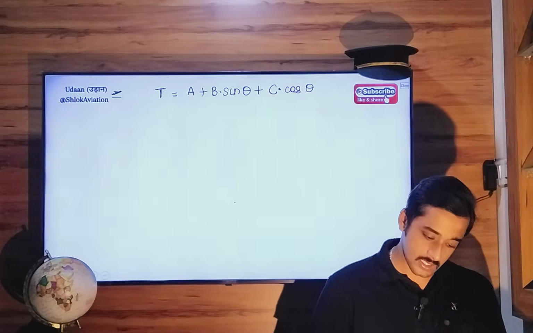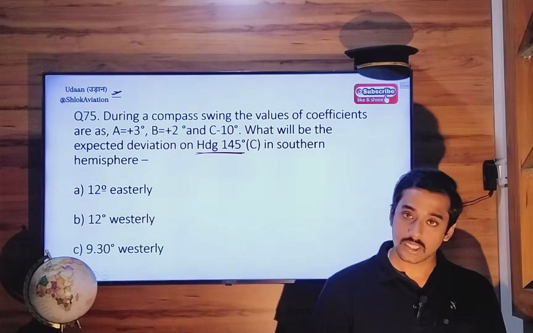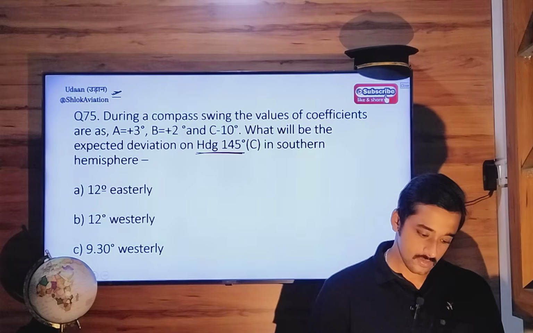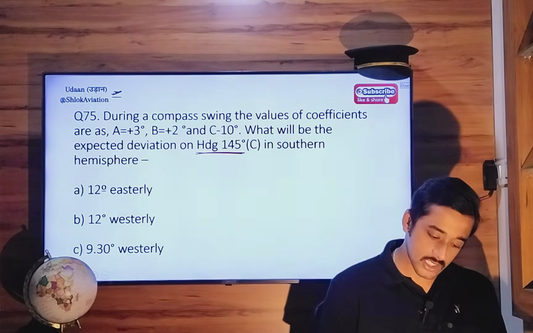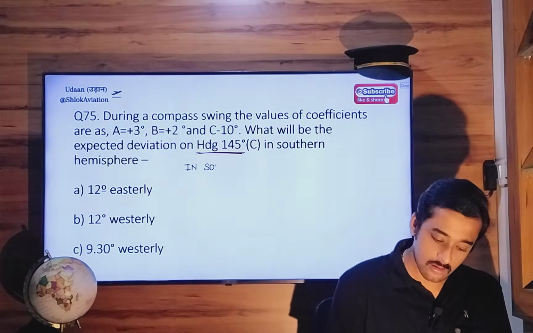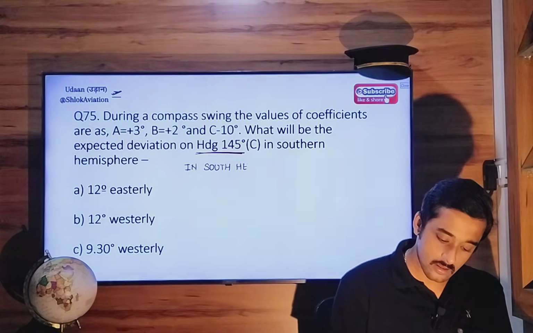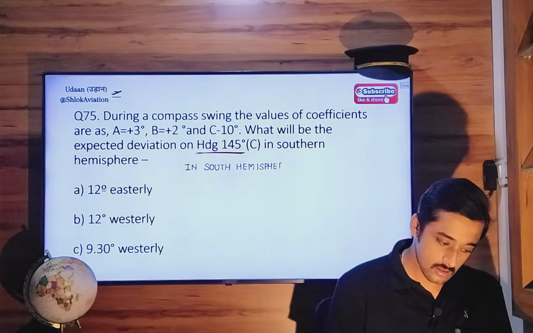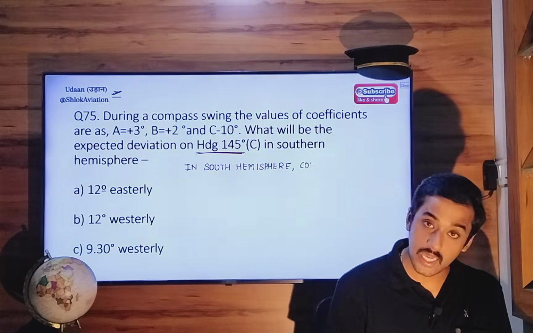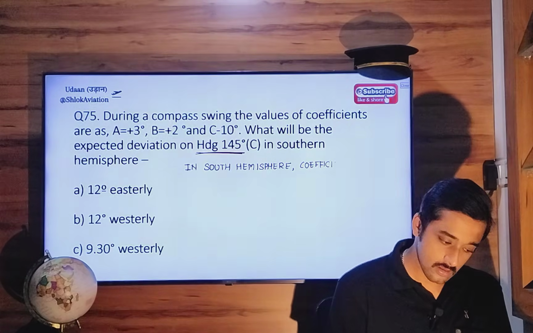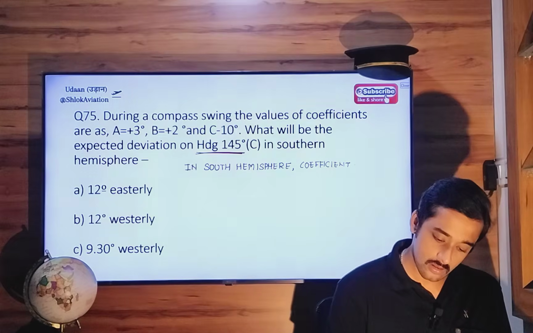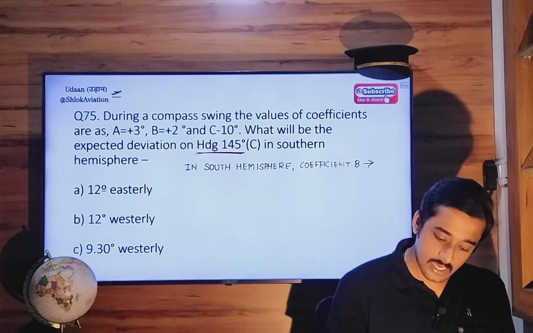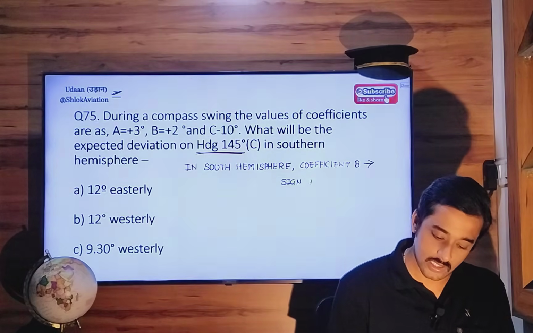Now A is plus 3, B is plus 2, C is minus 10, and it is the southern hemisphere. So in the southern hemisphere, the sign of coefficient B is reversed.